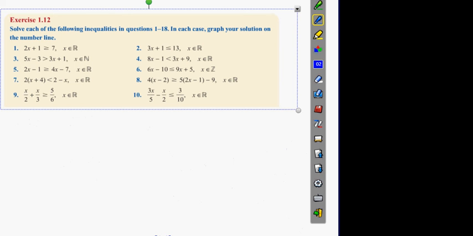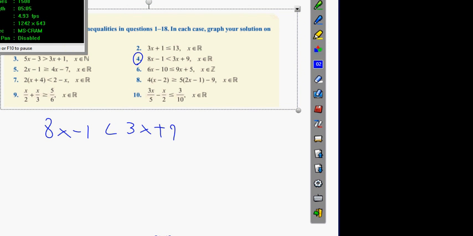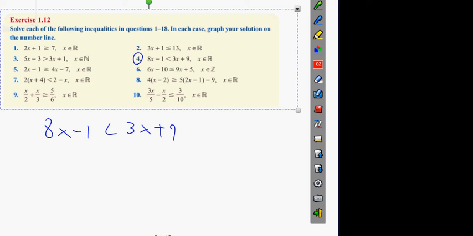Okay, so for example, question 4. In question 4, we have 8x minus 1 less than or equal to 3x plus 9. We obey regular maths. So what we get here, guys, is traditional maths.